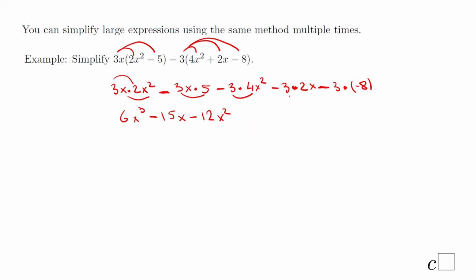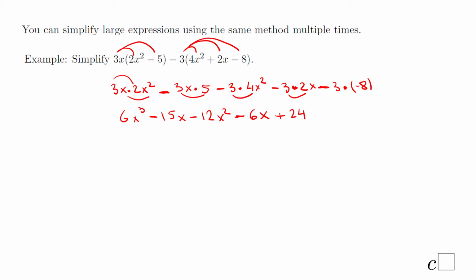Let's move to the next term. 3 times 2, and don't forget the minus, minus 6x. And then here, be careful, you have this minus and this negative, that becomes positive. So that will be plus 3 times 8, which is 24. So one more time, pay attention to the signs.